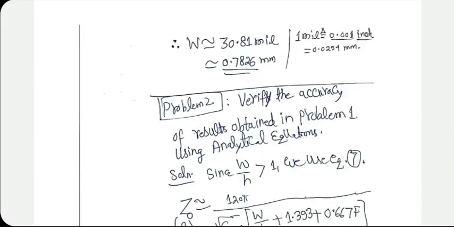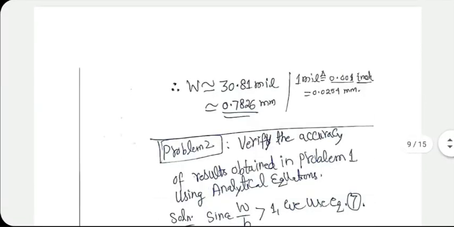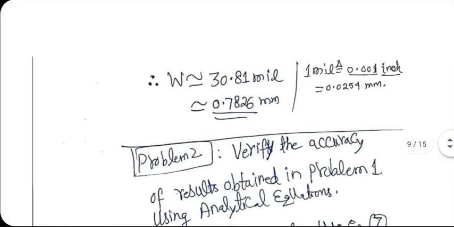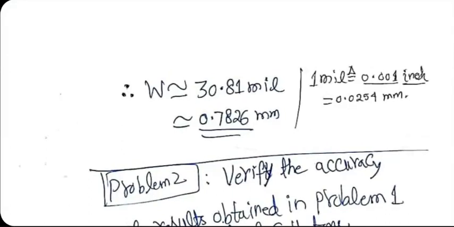H is 10 mil. So obviously W will be 30.81 mil, almost. By the way, most of the time after making these calculations, we go to a simulation package, a simulation tool. And there we further refine the performance. These are starting values that we get using these reasonably accurate equations.